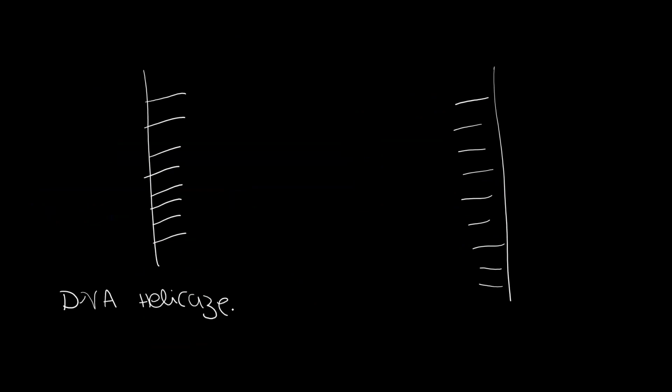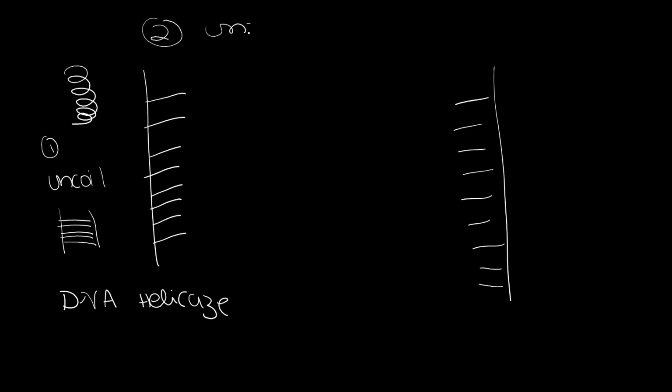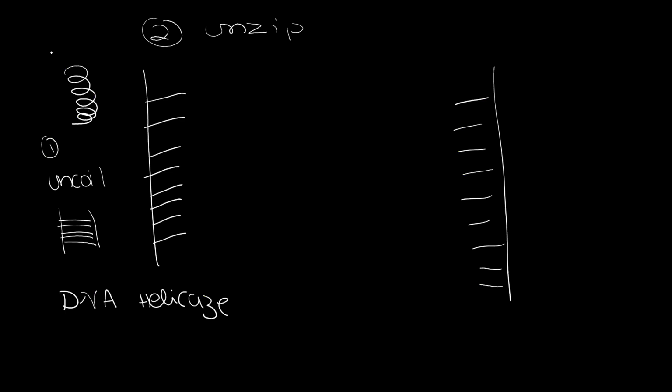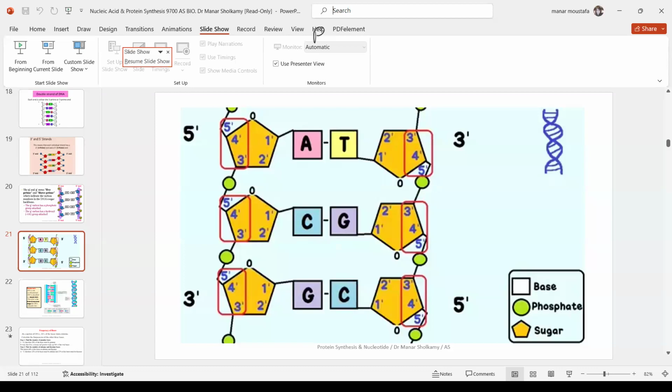So are you with me? First, we had a coil of DNA. Number 1, it will uncoil, it will unwind. Step number 2 is the unzipping step. In other words, I'm going to separate these 2 polynucleotide strands. How do I unzip?